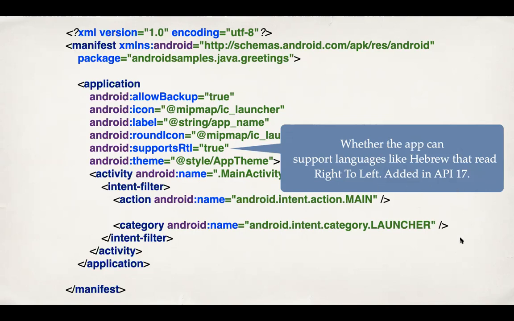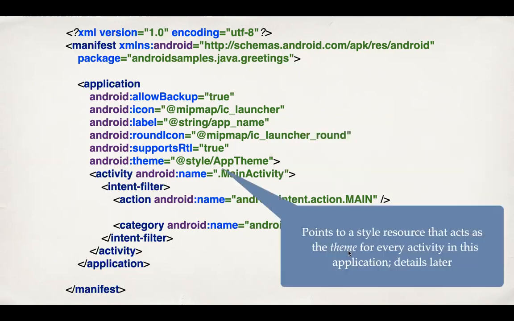And this was added in API 17, so devices or apps with versions below that will not have this attribute. All right. So this is where we specified the theme for the entire app. We saw what a theme is a little bit before, and this specifies the theme for the entire app. You can customize it further for each activity down here later.